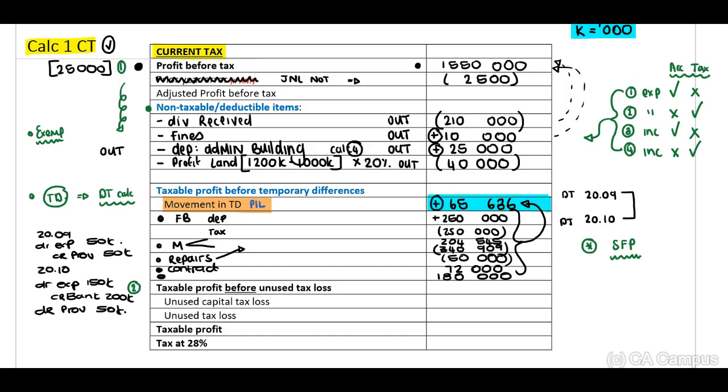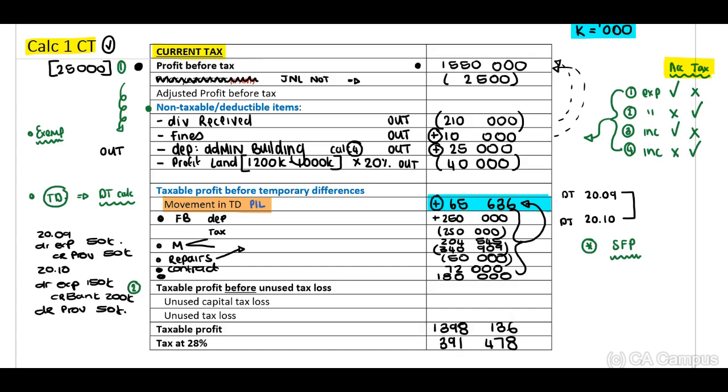Therefore, when you go back to basics, when we talk about our reconciling items, being the difference between our accounting and our tax rules, you will identify that we include the movement in our temporary difference relating to our profit and loss. Okay, now we are able to calculate our taxable income, and this will be 1,398,136, and our tax at 28%, 391,478.